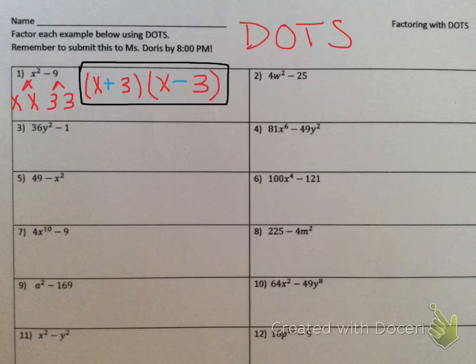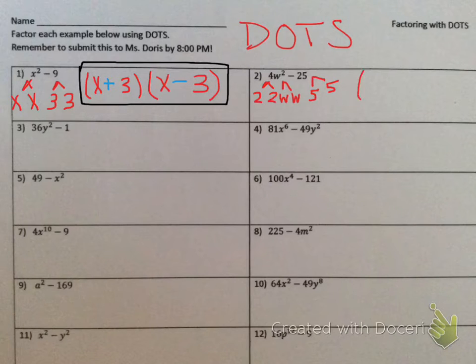We're going to go over number 2 also. Number 2 is a little bit different because I have a 4 in front of my w squared. So I want to break this down into multiple pieces. So 4 is really just 2 times 2. And w squared is just w times w. And then 25 is just 5 times 5.